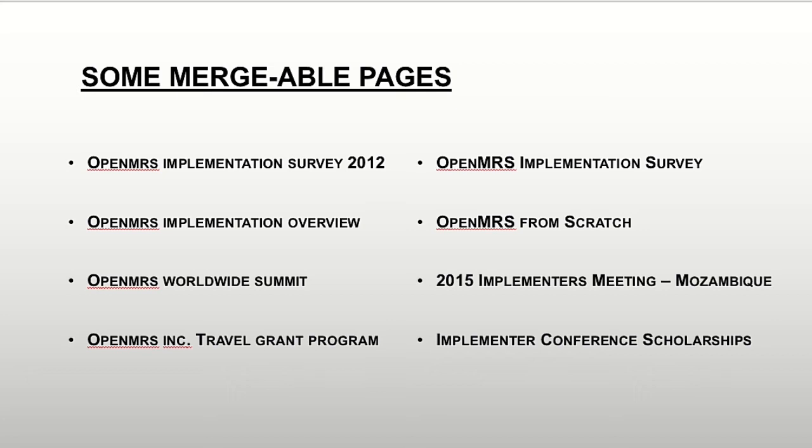If we combine these two pages and the information contained in them, it won't affect our wiki negatively. Rather, it will give a positive user experience, and a user who is interested in knowing about the implementation survey can know about everything related to that on a single page, which is a good thing.